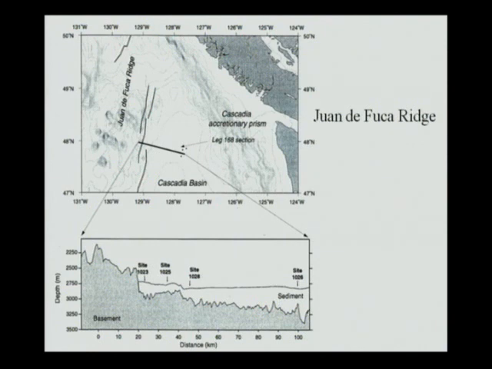But part of the interesting profile is not here. So there are 4 sites, 23, 25, 28, and 26. And the cores went through the whole pile of sediments up to the interface.